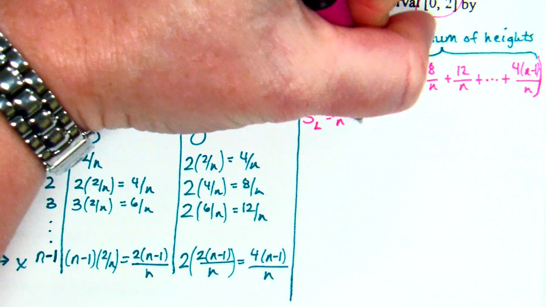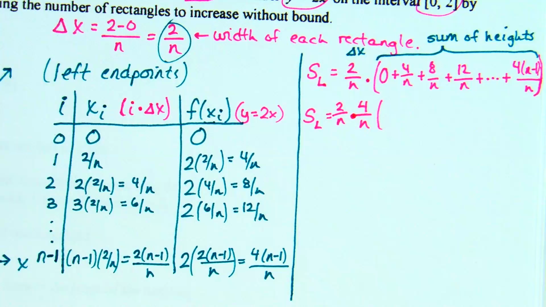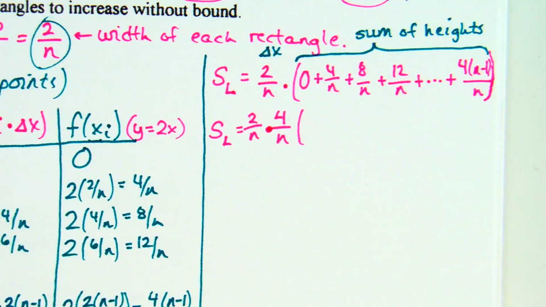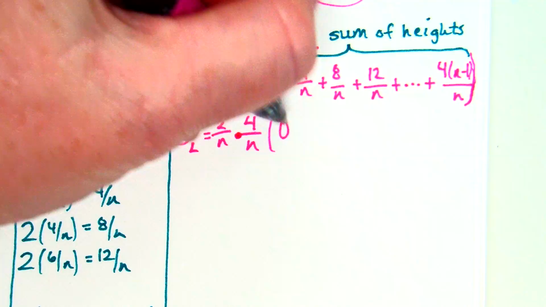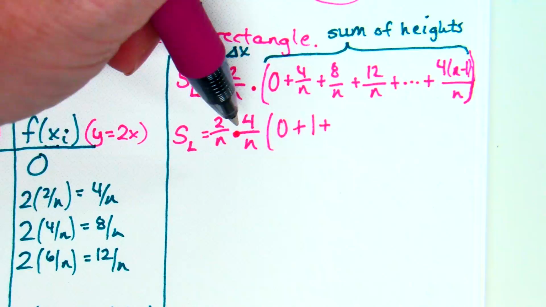You had 8 over n, you factor out a 4 over n, the n's gone. 8 divided by 4 is 2, we're left with 2. You had 12 over n, you factor out 4 over n, we're left with 3, plus dot dot dot plus. Last term, I take the 4 over n out, I'm left with n minus 1.